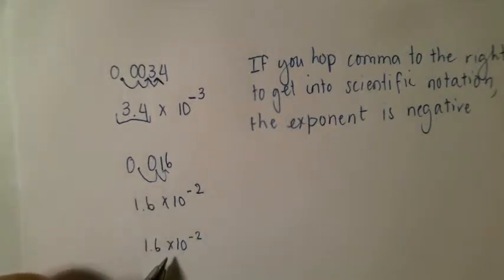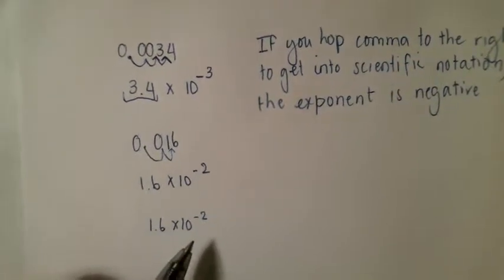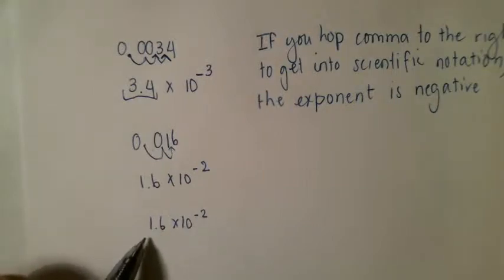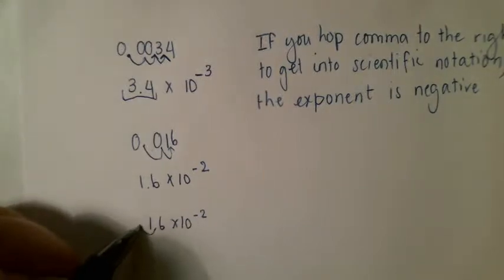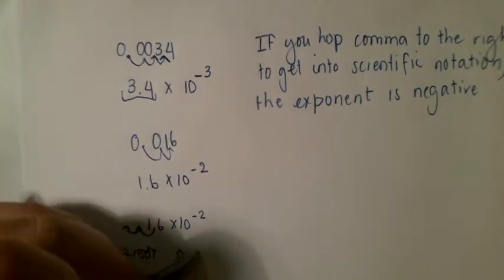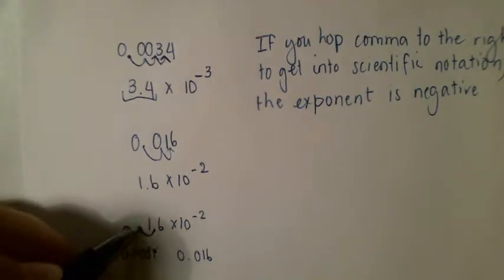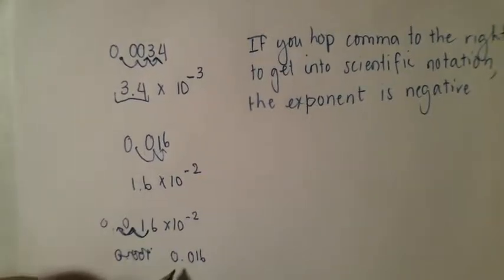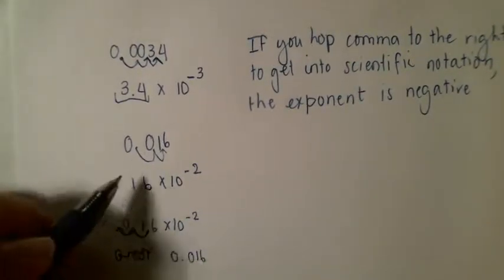If we want to get out of scientific notation back into normal notation, and the exponent is negative, you're going to hop it to the left. 1, 2, sorry, my mistake, 0.016, 1, 2 hops. So there we go, 0.016. They're the same.